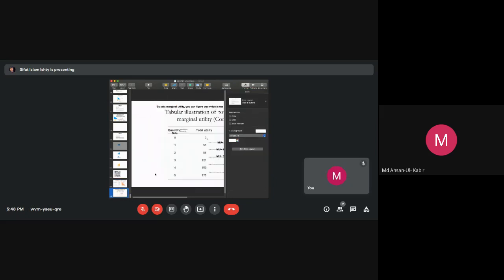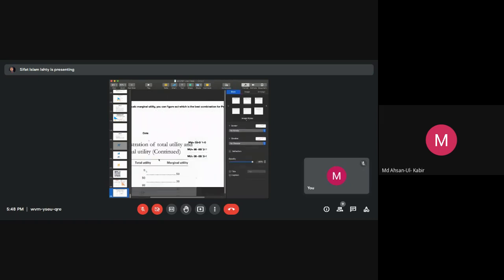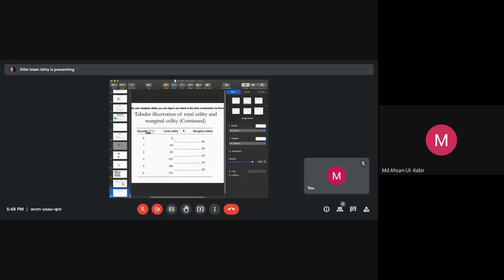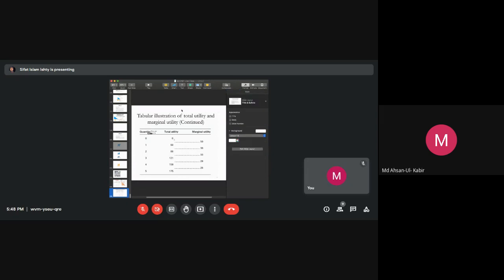Now we will give you the satisfaction in the satisfaction chart. Okay, we'll give you the satisfaction or the utility in the satisfaction chart. For example, if you can see in this particular case, one bottle of Coca-Cola gives you satisfaction of 50, 2 bottles 88, 3 bottles 121, 5 bottles 175.